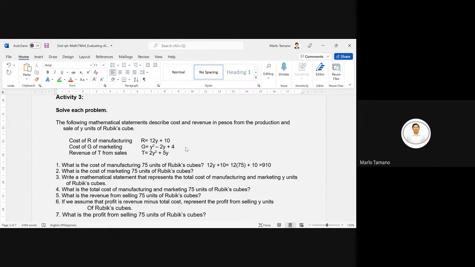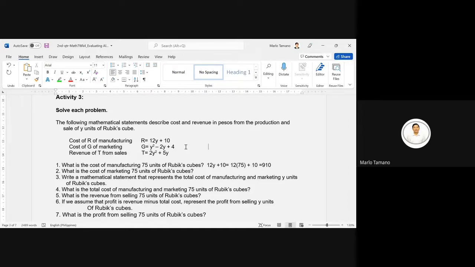Replace ninyo yung Y. 75 squared. 5,625 po. 75 times 75 po. 5,625. Minus.